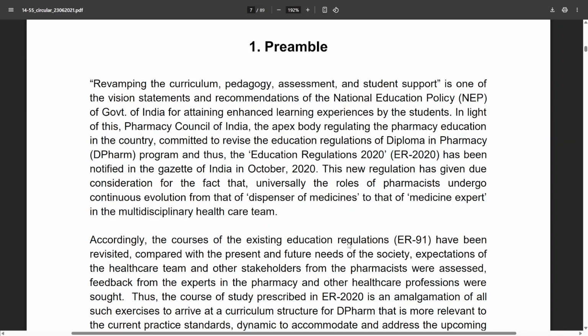This new regulation has due consideration for the fact that universally the roles of pharmacists undergo continuous evolution from that of dispenser of medicine to that of medicine expert in the multidisciplinary health care team.